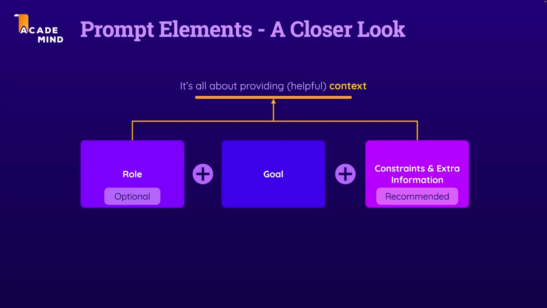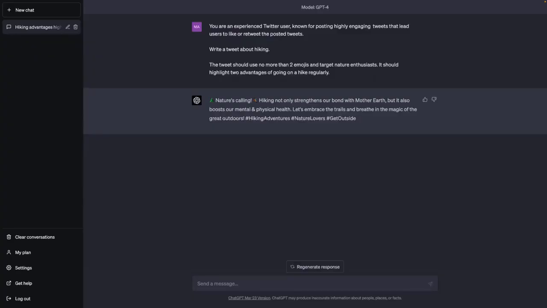Using this basic strategy and keeping those core elements that make up prompts in mind will often lead to great results. But no matter how good the results are, the initial result, the first result you get from ChatGPT, might not be exactly what you're looking for.